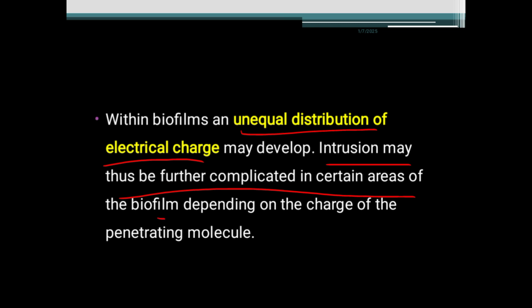It depends on the biofilm charge and on the charge of the penetrating molecule. In certain areas of the biofilm where there is a charge, those medications cannot penetrate. So, very important: unequal distribution of electrical charge.